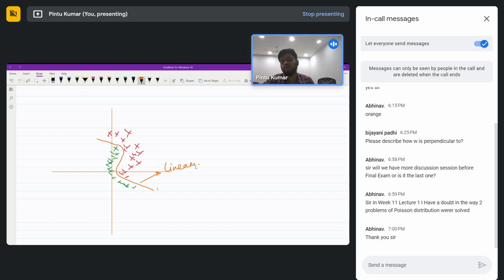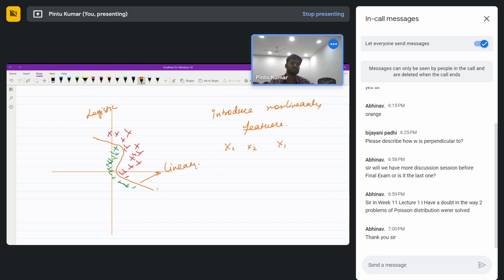I think we talked about it also when we were doing logistic regression. What we can do is introduce non-linearity. We add some features or we modify these features. Let's say you have some features x1, x2.